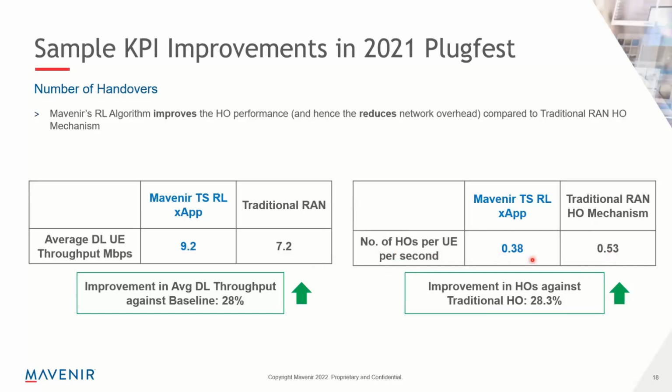Again, I need to say that it depends on the area, how well you have done the optimization, the time, and everything. So these performance improvements could be different, but this is a head-to-head comparison using the simulators.